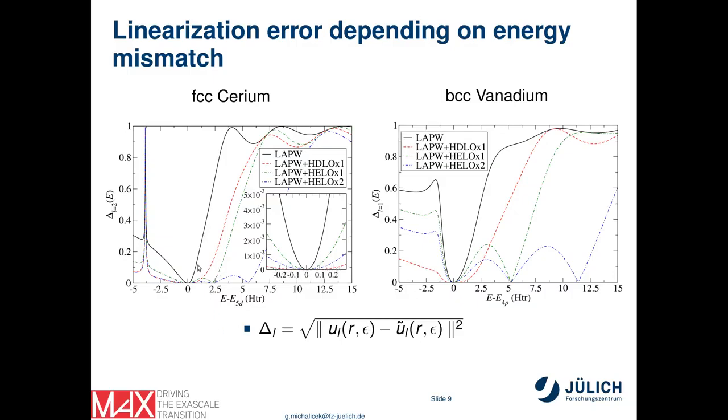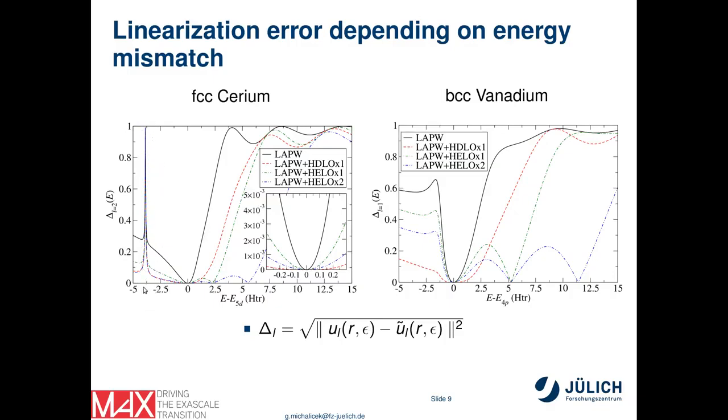We also see here that the improvement of our representation with these higher energy local orbitals is kind of directed. So there we actually improve the basis set in the direction of the unoccupied states. And if we go to these lower energies, then we see this peak here.